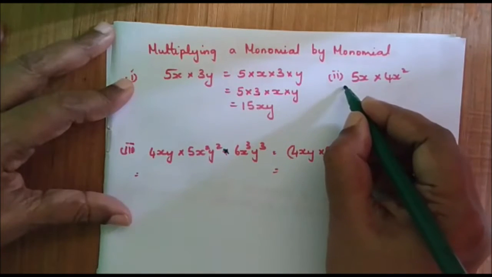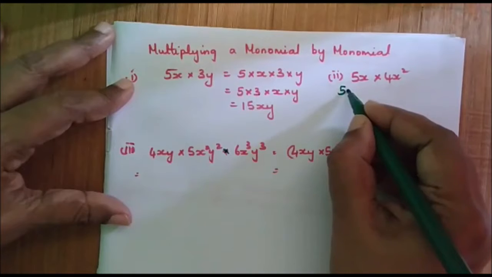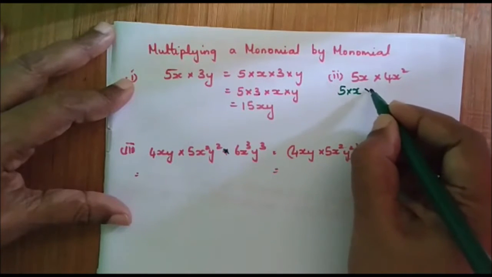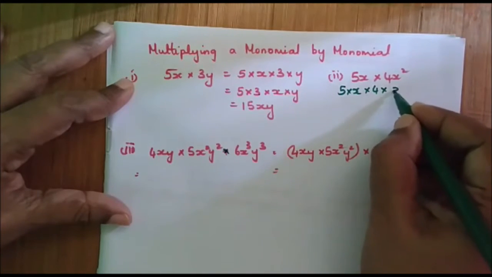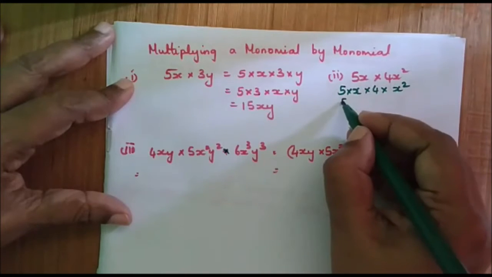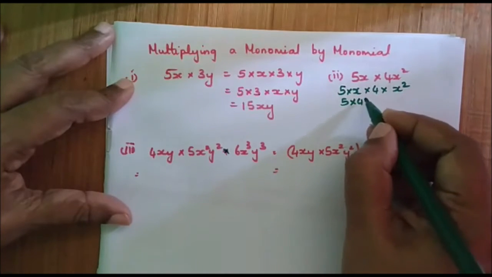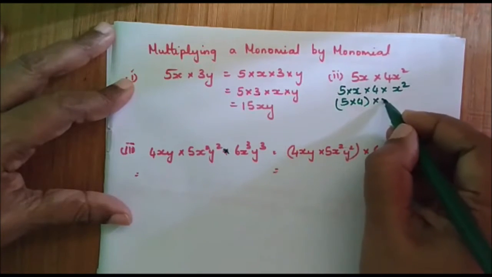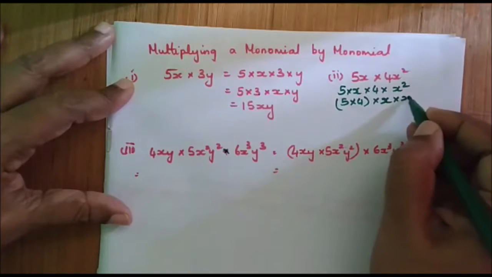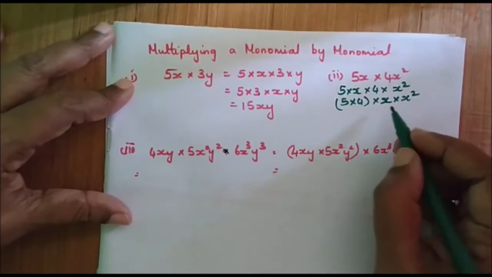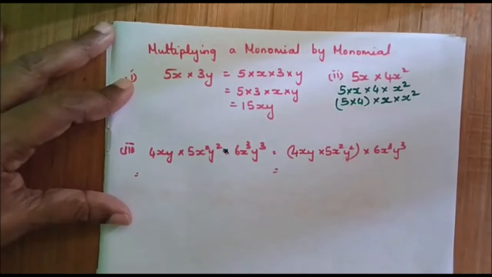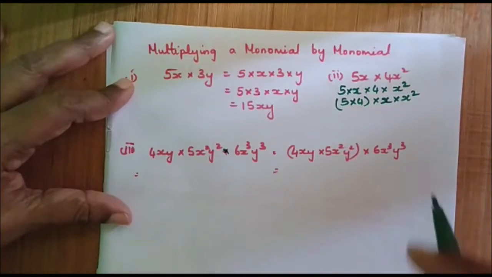Similarly, we will do this one. This can be written as 5 into x into 4 into x squared. So let me group the constants. It is 5 into 4 into x into x squared. Now we'll use the rule that we followed in our chapter exponents and powers.